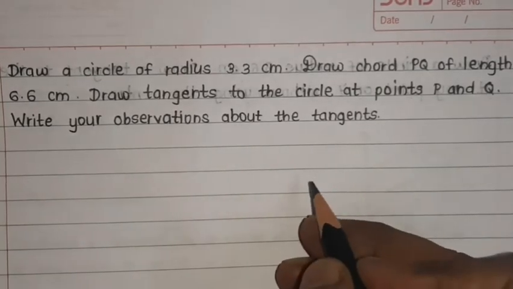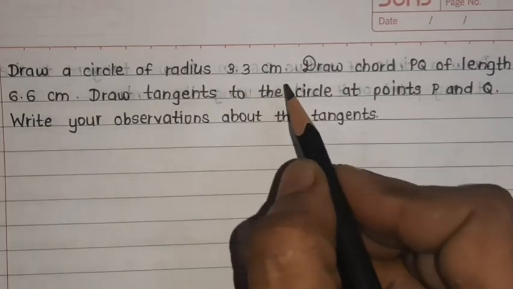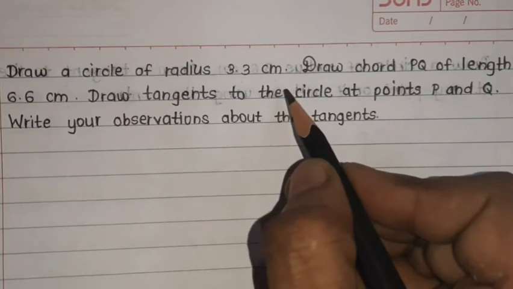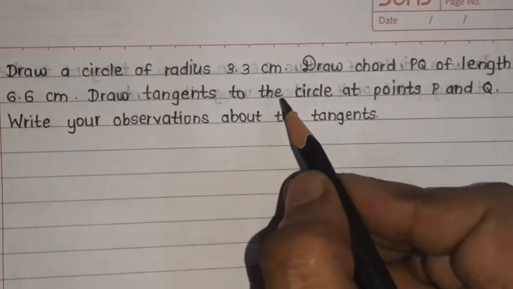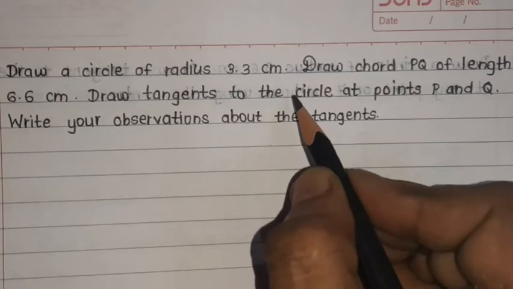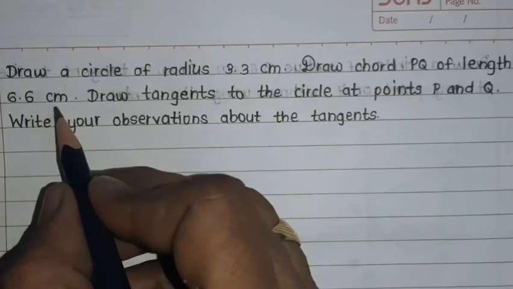Dear student, see. Draw a circle of radius 3.3 centimeter. In that we have to draw a chord PQ of length 6.6 centimeter.